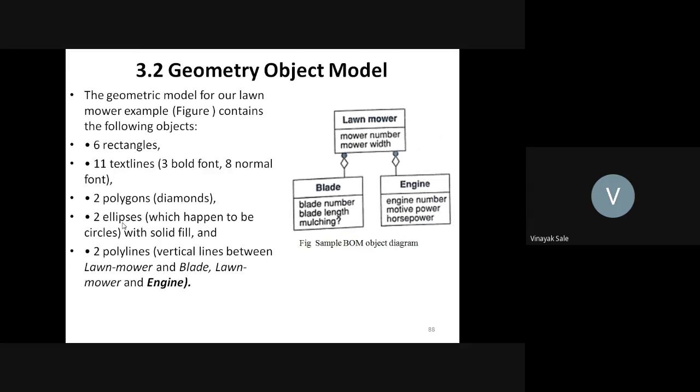A circle is a special case of an ellipse. An ellipse consists of two axes, major axis and minor axis. But in case of a circle, both major and minor axes are equal. An ellipse in which both major and minor axes are equal is called a circle. Then two polylines, the vertical lines between lawnmower and beds, and lawnmower and engine.